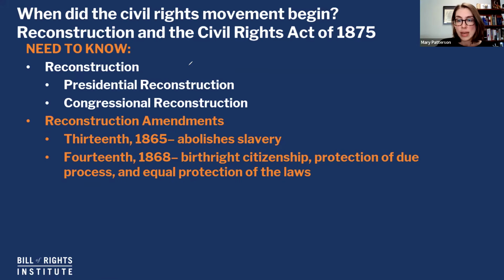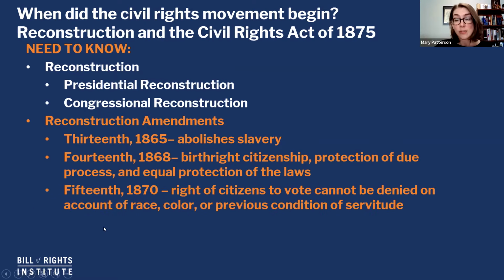And you're also going to see the passage of the 15th Amendment, which is designed to ensure that African Americans are not denied the right to vote. So on top of these amendments, you also have important pieces of legislation that are up for debate during Reconstruction.